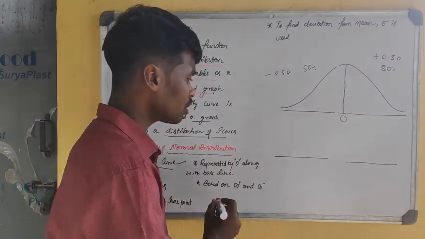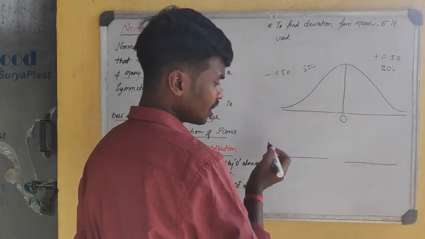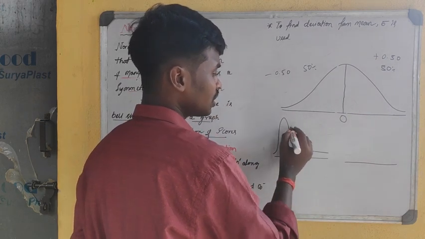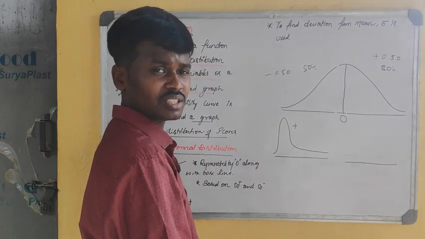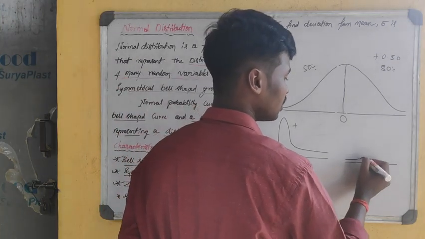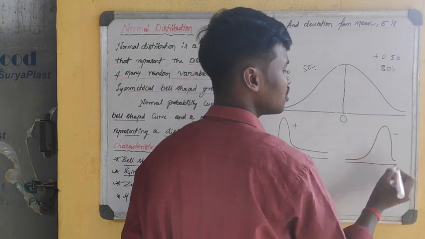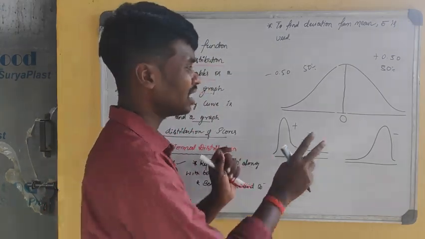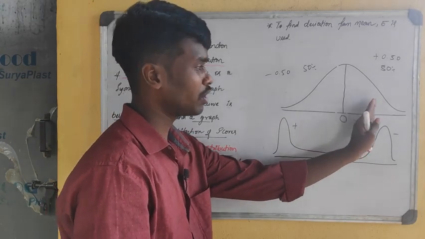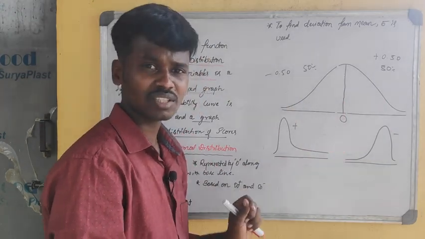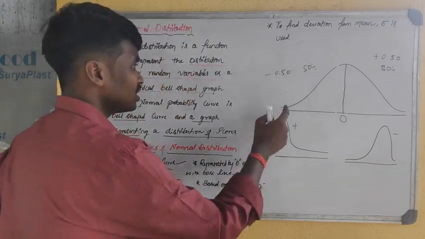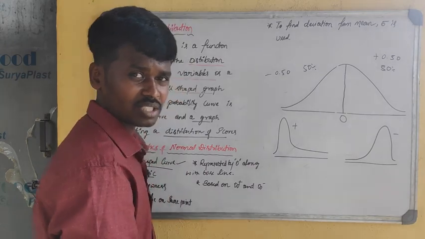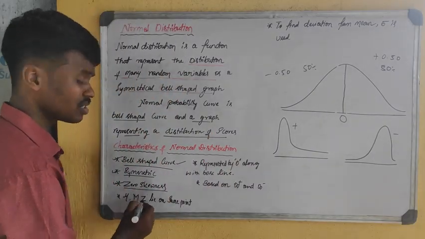The positive skewness can be denoted by this, see, this is positive skewness and this is negative skewness. But the normal distribution is divided into 2 parts, 50% positive and another 50% negative. Therefore this normal distribution is not a positive skewness or negative skewness, but it is a zero skewness.